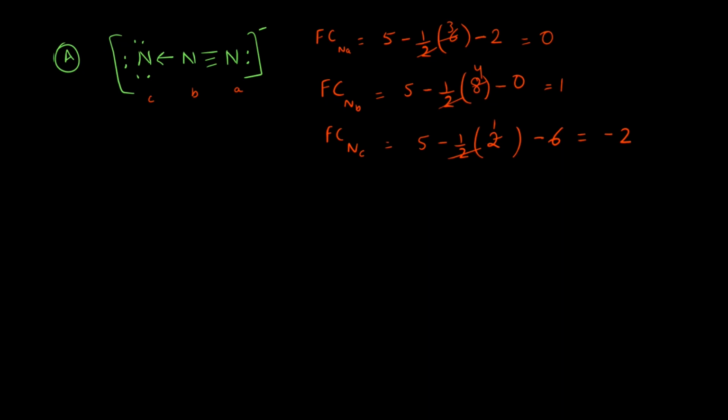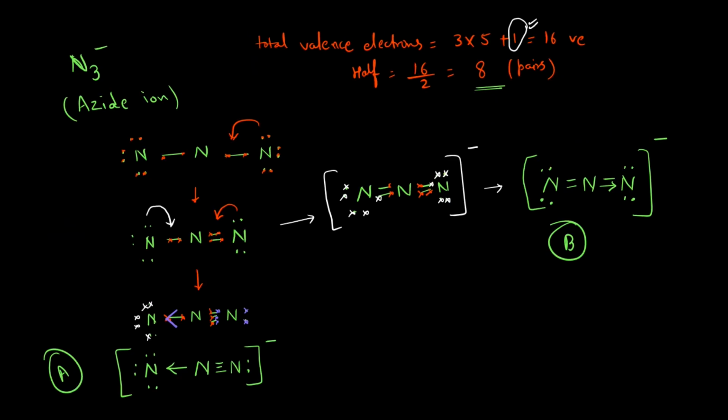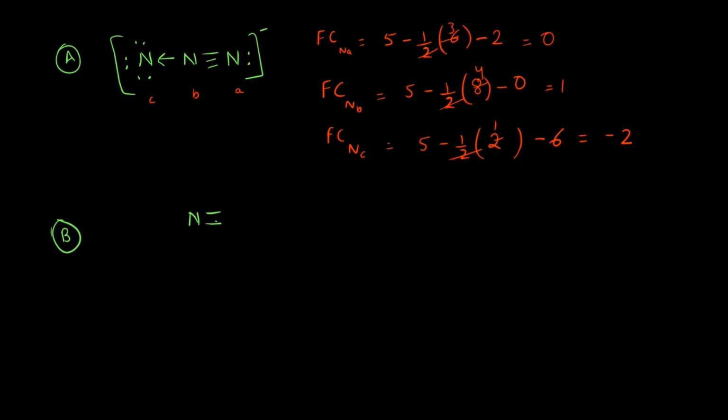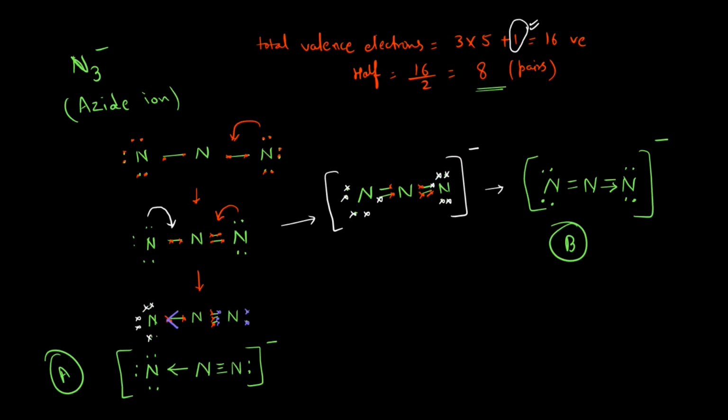Okay, so now we find the formal charges on structure B. What is structure B? Structure B is this. So we have N, this one, 2 lone pairs, and double bond N, and 2 lone pairs, and we have a negative charge like this.